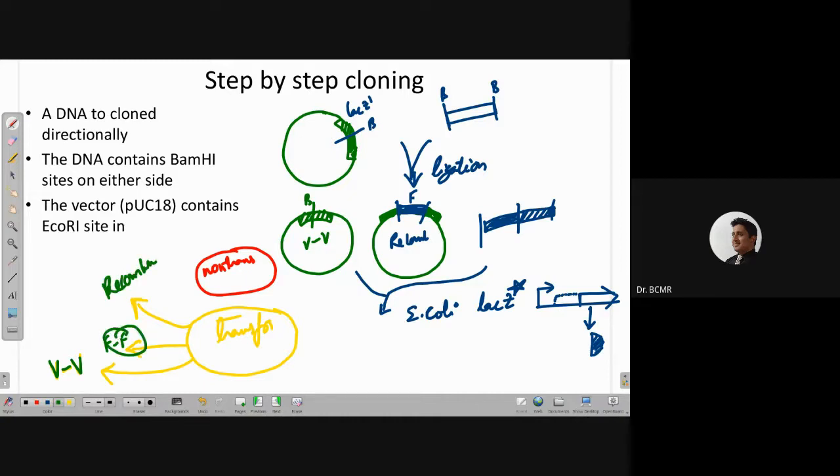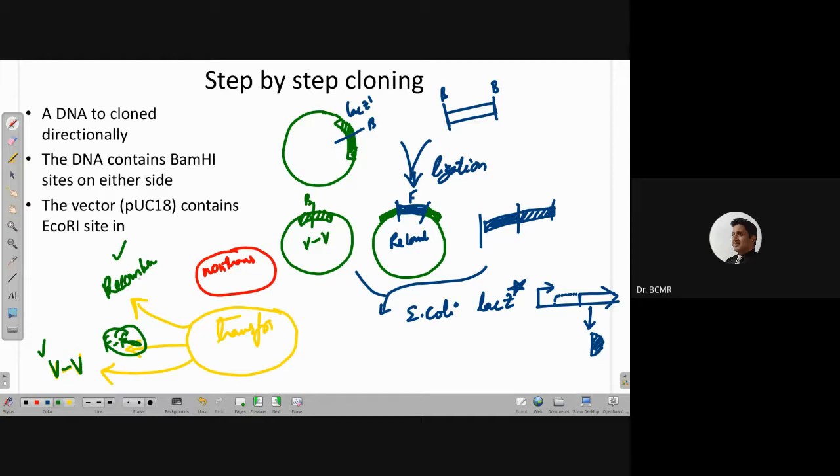So we can forget about this. If we grew these cells on plates containing ampicillin, then only recombinants and vector will grow. Vector religated ones will grow because they have the beta-lactamase gene, which comes from the vector.